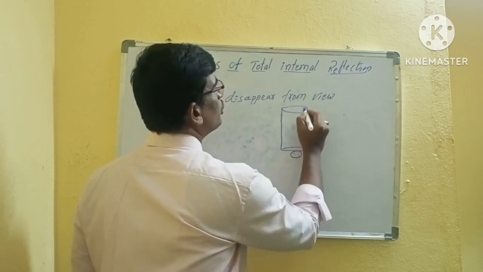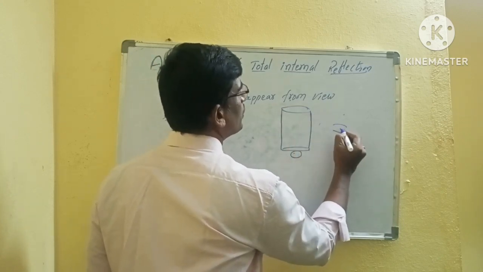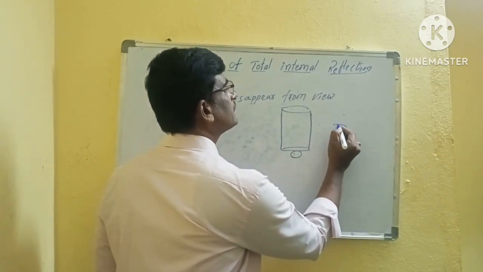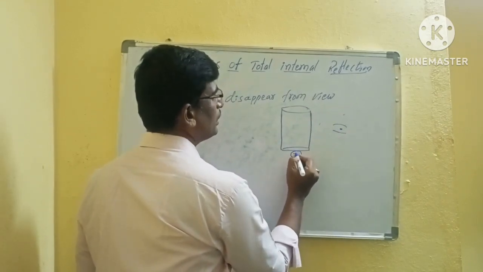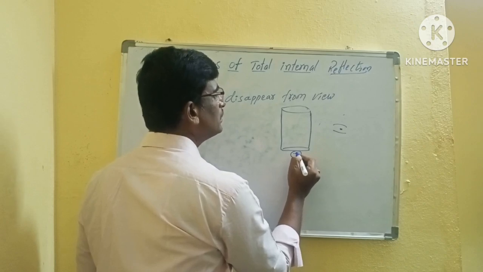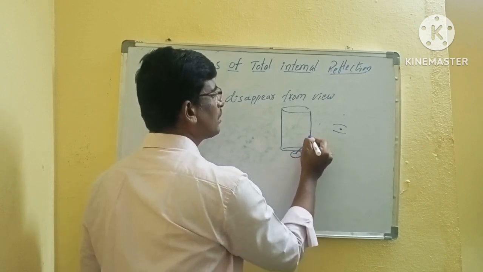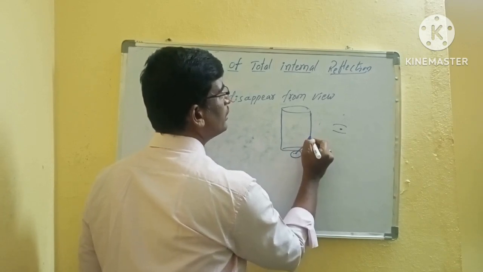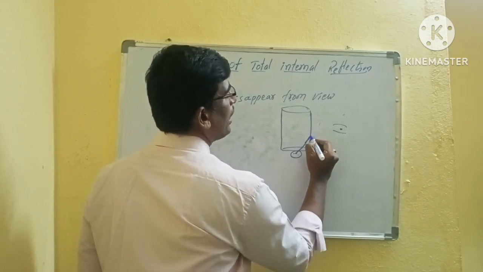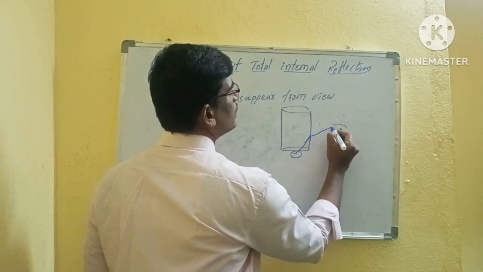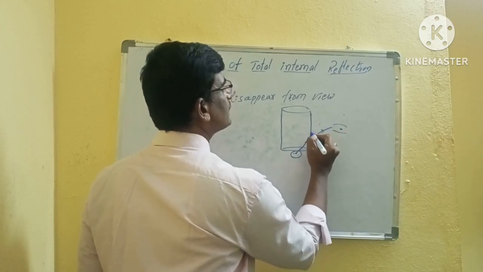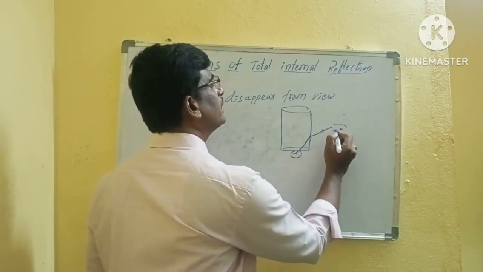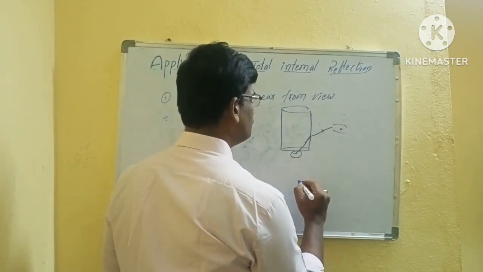After that, you have to look from the sideways, because the light from the coin falls on the glass wall and gets refracted, and we can see the image of the coin.